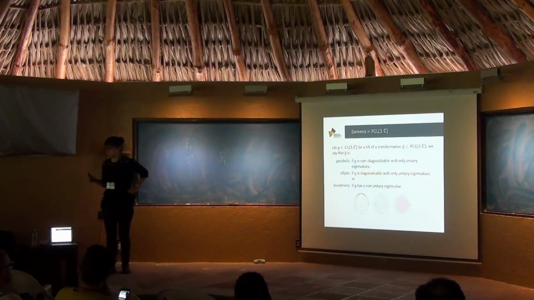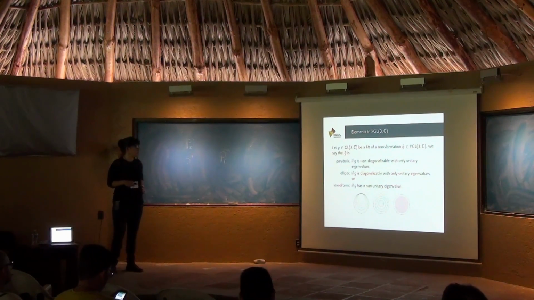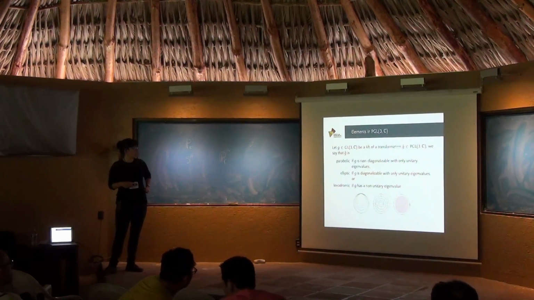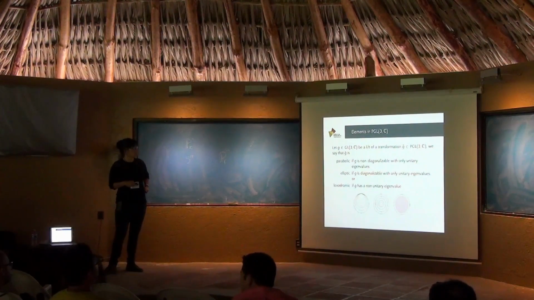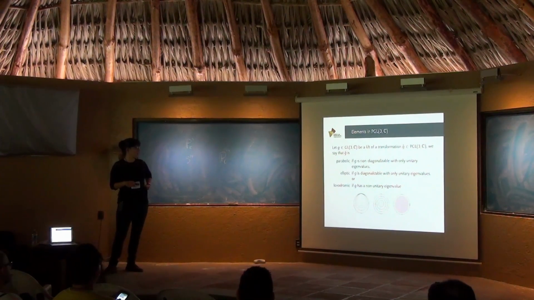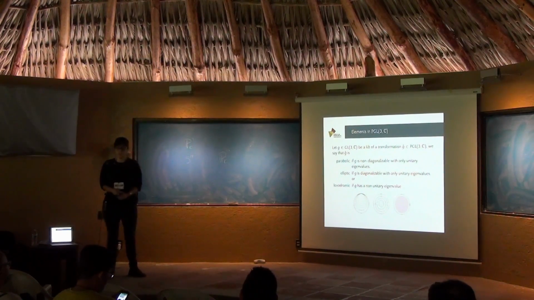As has been said in many talks, we have three types of transformation. First of all is the parabolic transformation, and we are going to define them through a lifting of the transformation. So we say that a transformation G in PGL3C is parabolic if it has a lift that is non-diagonalizable with only unitary eigenvalues.